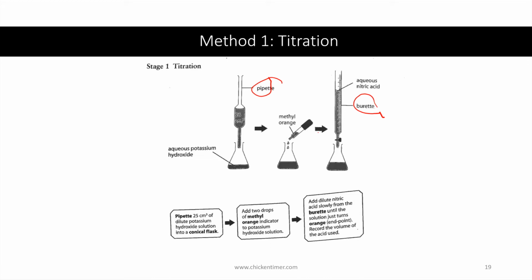You take a pipette and then you take the base or the alkali. You collect 25 cm cube of the potassium hydroxide, then you put it into the conical flask here. Then you drop a few drops of indicator inside here. In this case, they use methyl orange.